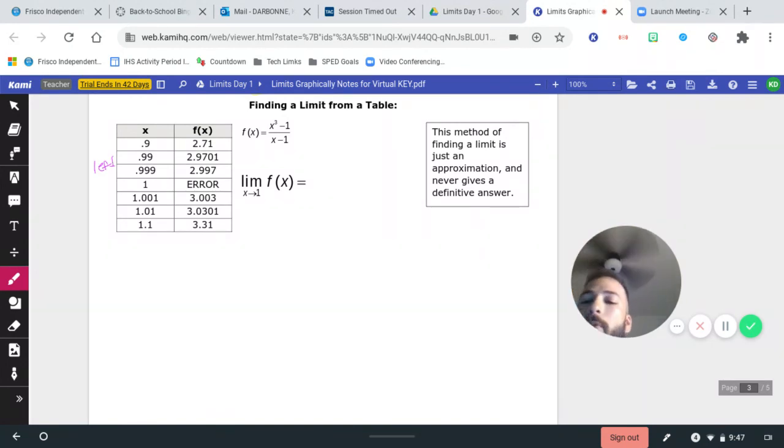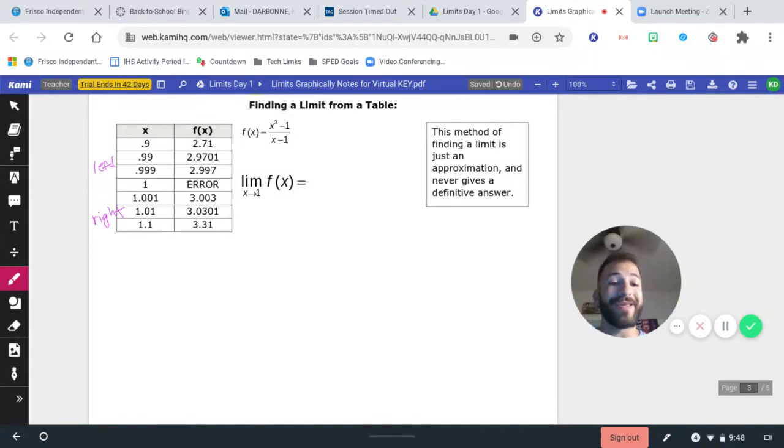And 1.1, 1.01, 1.001, that's from the right. As we approach from the left and the right, we're going 2.71, 2.9701, 2.997, and then 3.31, 3.0301, 3.003.